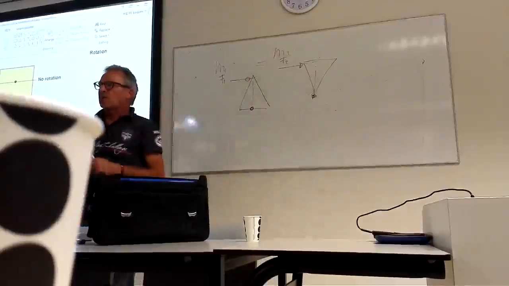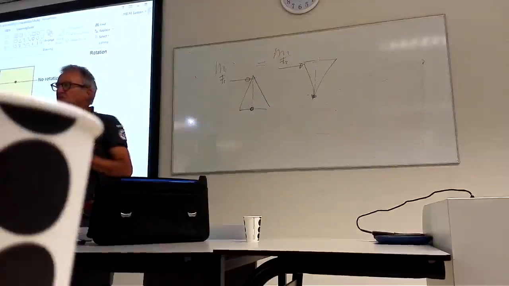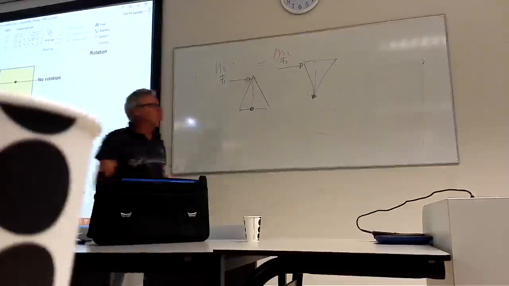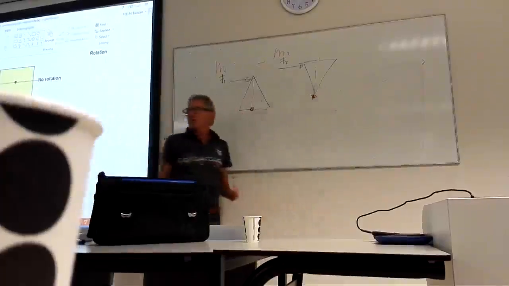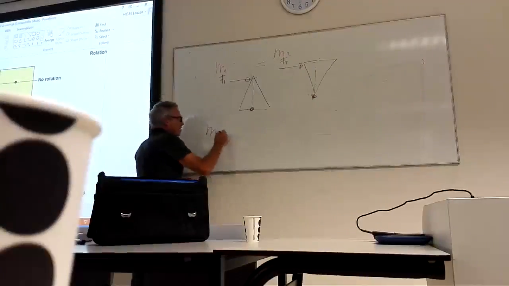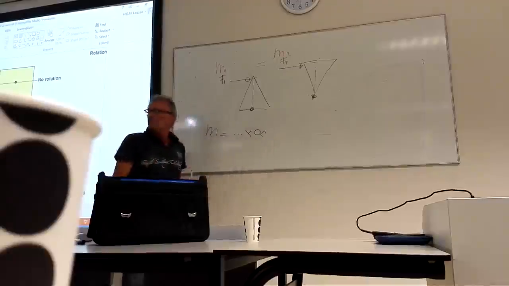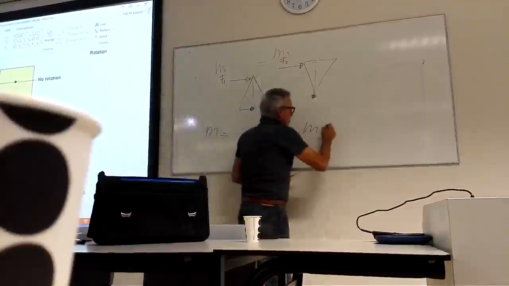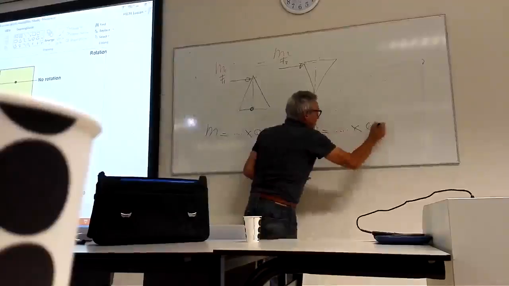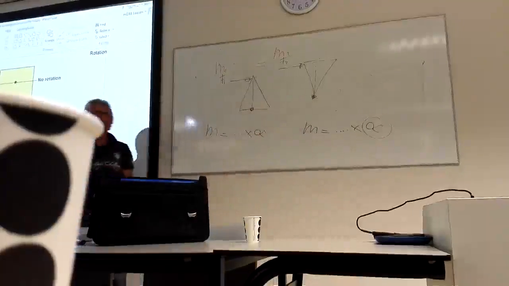Which object gets a bigger acceleration? Second, 2, a bigger acceleration. So you expect that this has a bigger acceleration. Moment is times acceleration. You expect that this acceleration is bigger than this acceleration. It's not true.